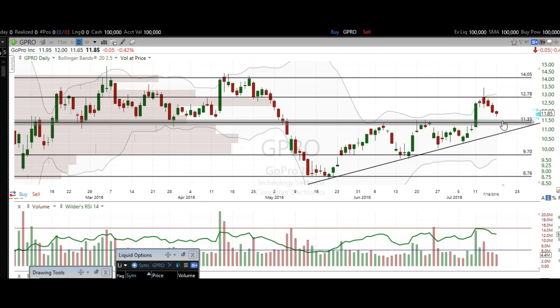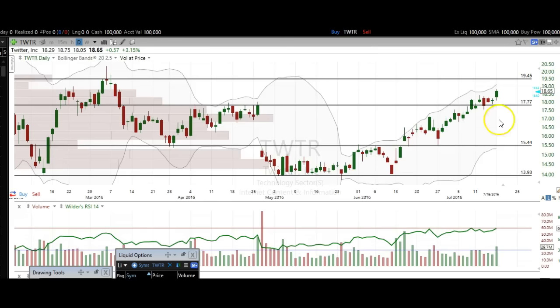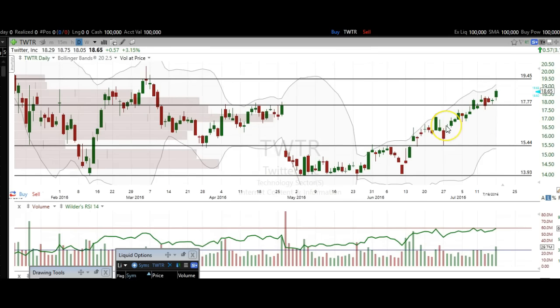Next I want to cover Twitter. Twitter here, we've got this resistance that we broke over. You can see from these highs over here, here, here, and then you can see that we kind of struggled with this area just for a bit, but we ended up holding above it for a few days, so that was bullish. And today we have a breakout candle right here on some pretty nice volume, above average volume right here.